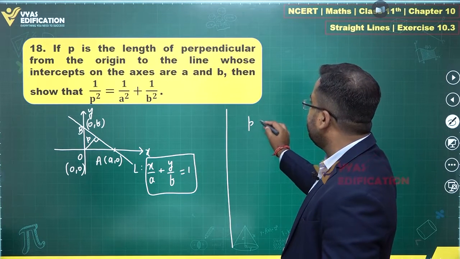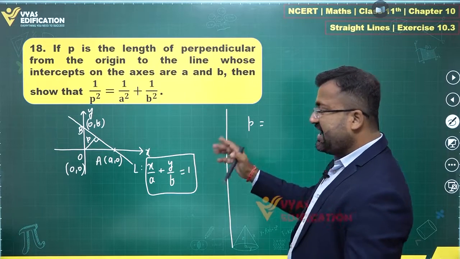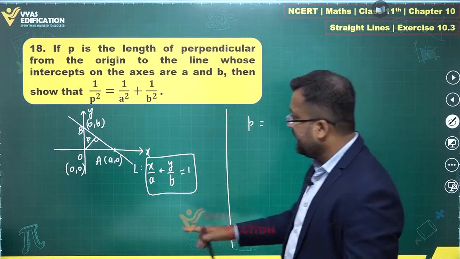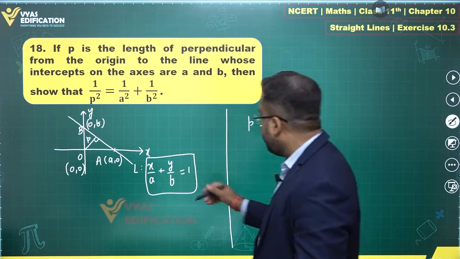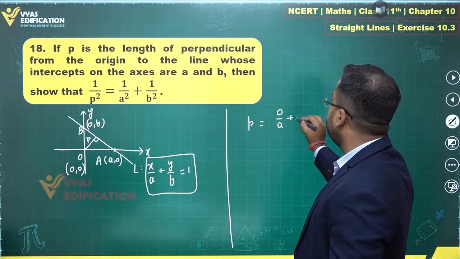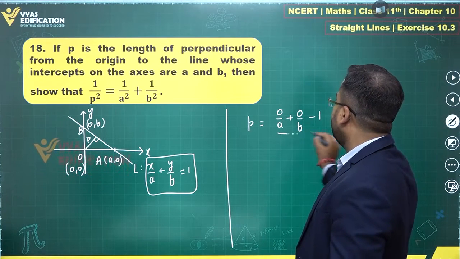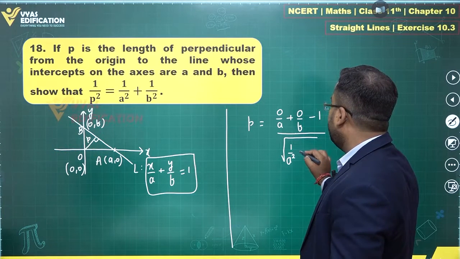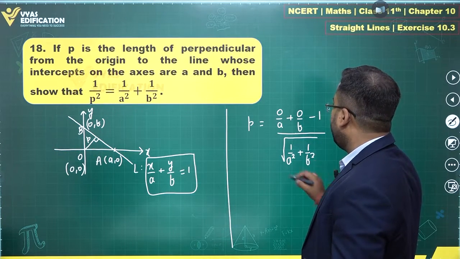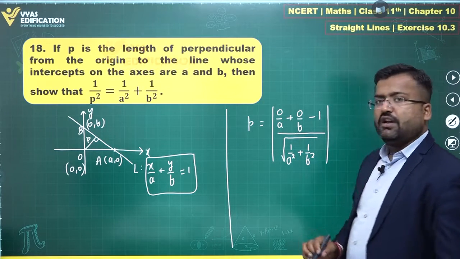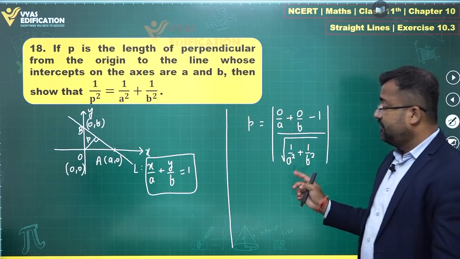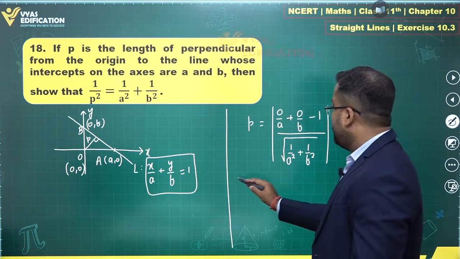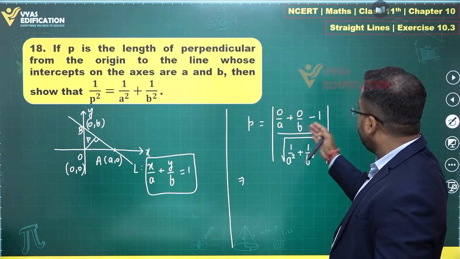So perpendicular distance P will be equal to modulus of (A x1 plus B y1 plus C) upon under root of coefficient of x squared plus coefficient of y squared. That is 0 upon A plus 0 upon B minus 1, upon under root of (1 upon A squared plus 1 upon B squared), and a modulus overall. This is what I will be getting, right? Directly applying the formula of distance. And you may observe the numerator is simply equal to minus 1.